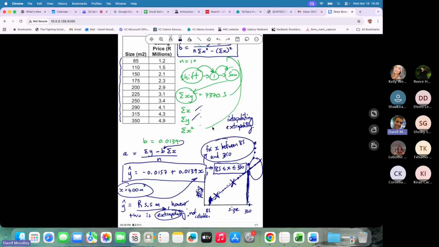But whenever you make predictions outside the bounds, you are extrapolating. I know this sounds like a fancy math term, but that's pretty much what it means. So this regression is not reliable for extrapolating. It's reliable for interpolating. Or if you're not comfortable using those words, just say it's not reliable because the data point of 400 square meters is outside the domain, or outside the range of x.